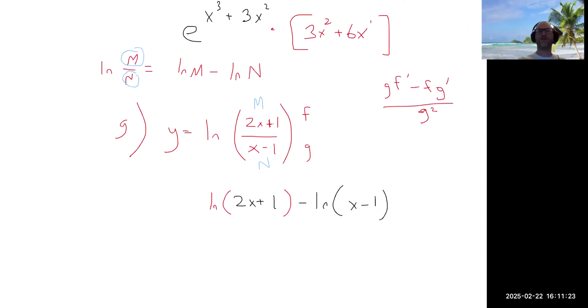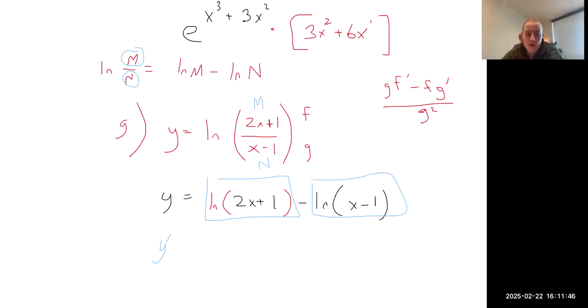Good. Since we can take the derivative of these natural logs individually, each term we're going to handle separately. That lets us find the y prime by taking the derivative of this and of this separately.